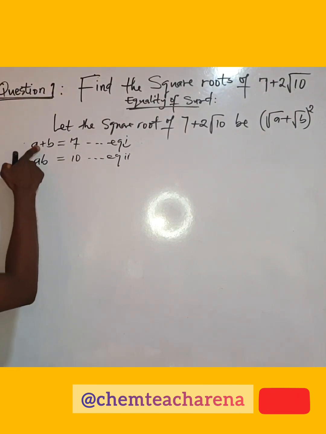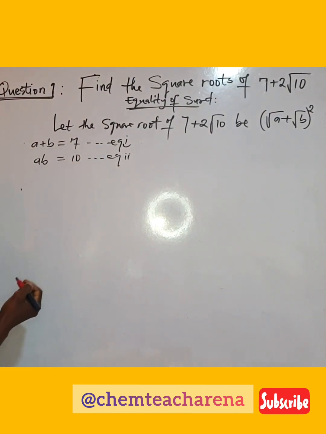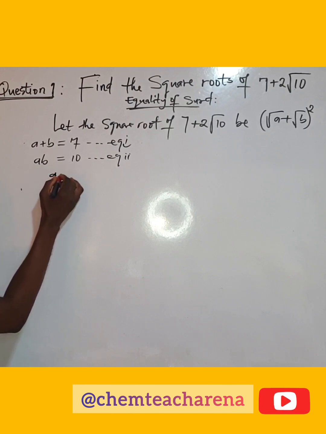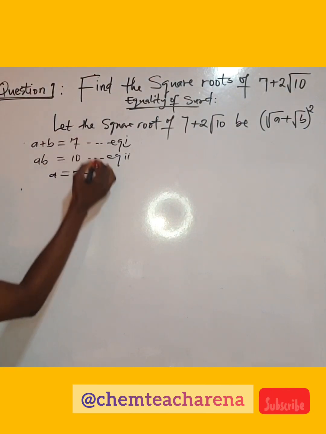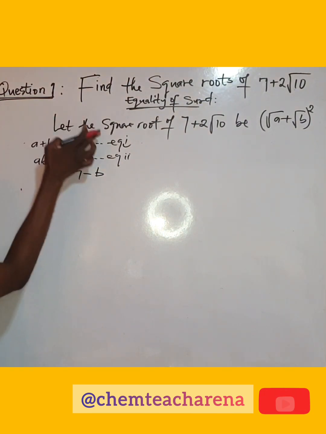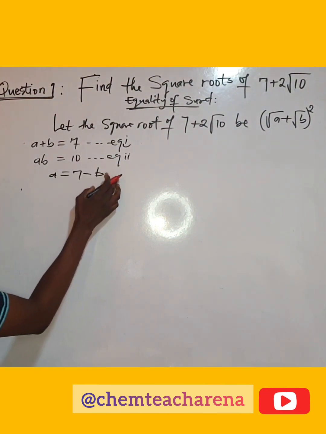So let's make a the subject of formula in equation 1. From equation 1 we have a equals 7 minus b. You know a is equal to 7. When this b crosses the equality sign, it becomes minus. So we have this now.